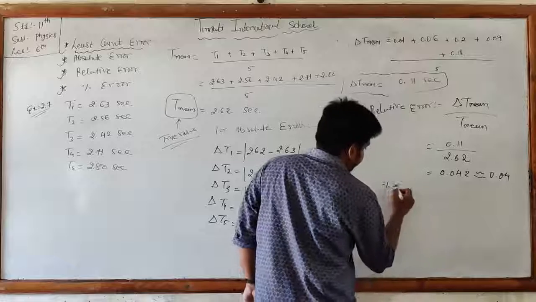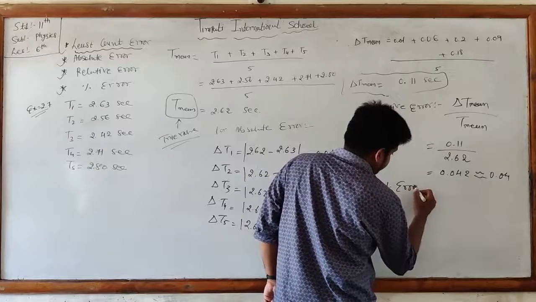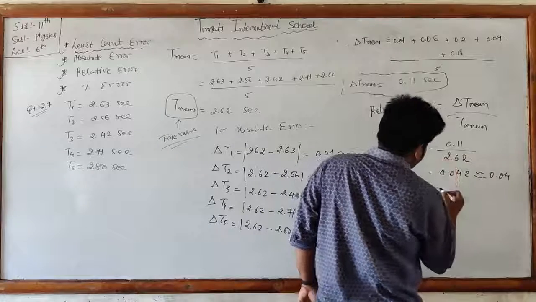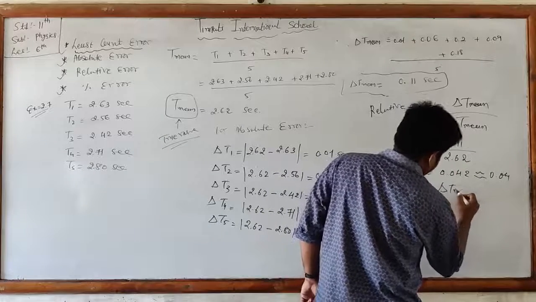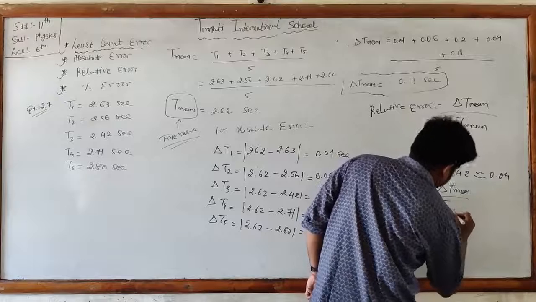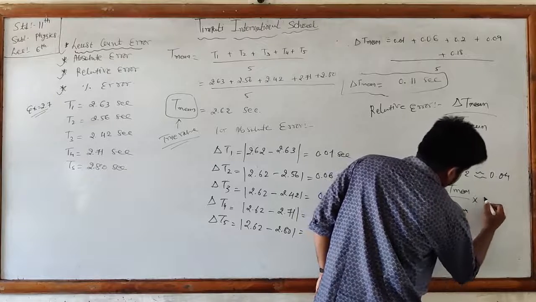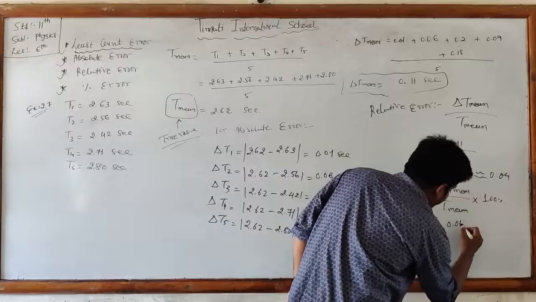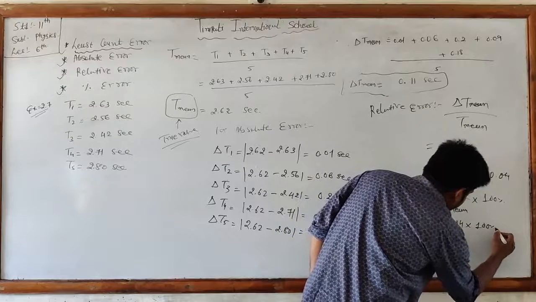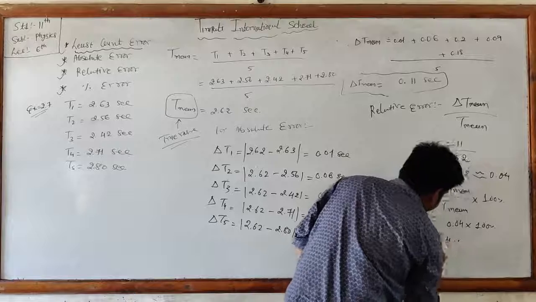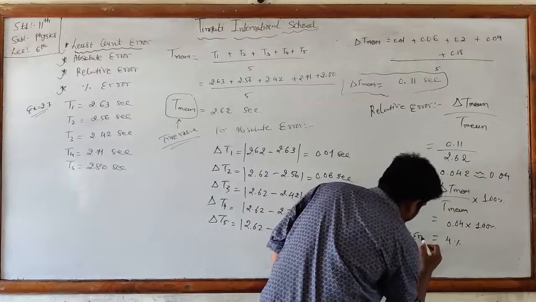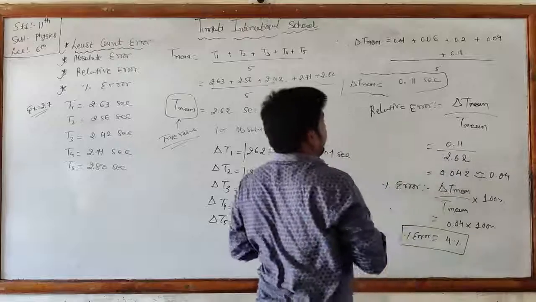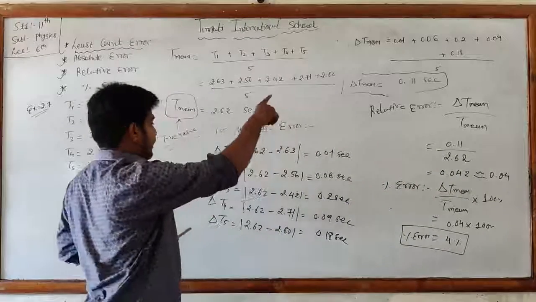Now find the percentage error. We have to multiply by 100. So delta T mean upon T mean multiplied by 100, that is 0.04 multiplied by 100. Here you will get only 4%, so you have 4% of error. So what is your time actually?